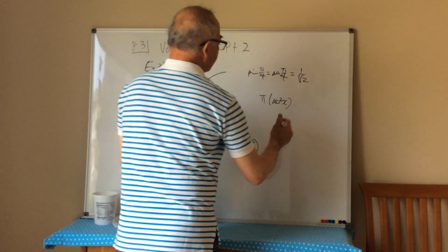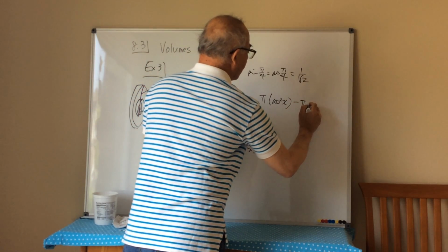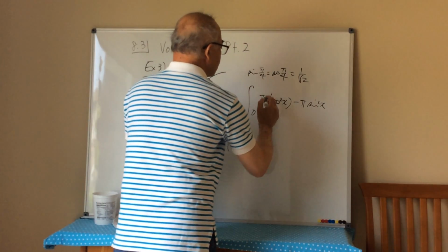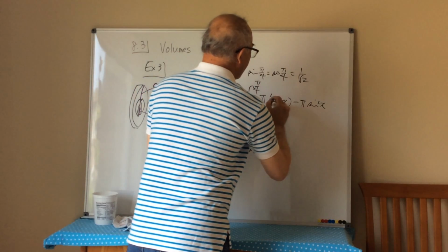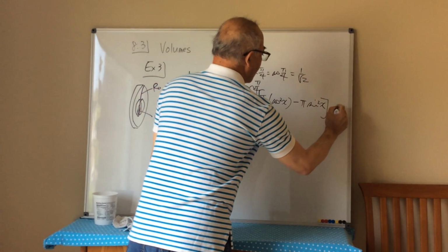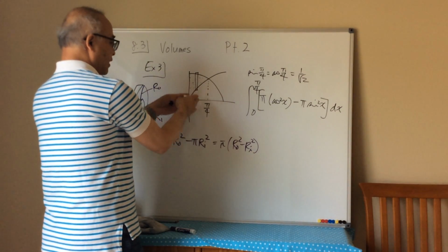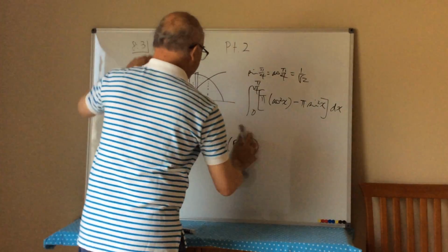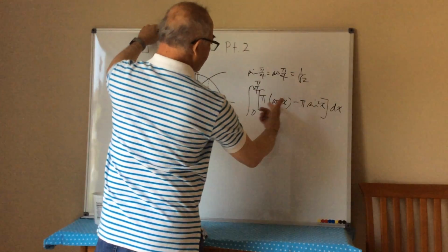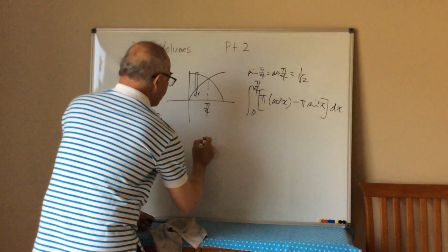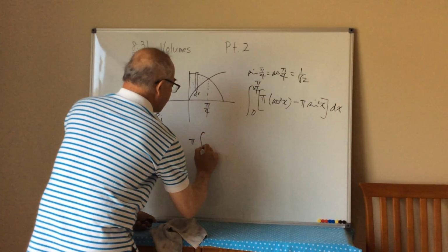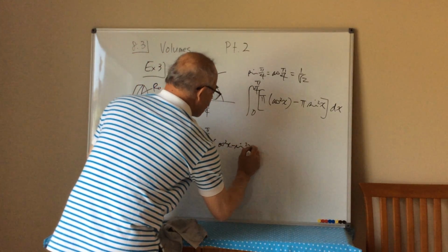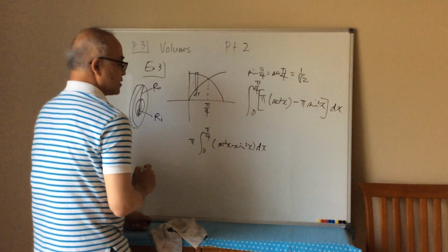Then I'm going to subtract from that the inner one, which is this guy, sine squared x, and I'm going to take this from 0 to pi over 4 and multiply it by the thickness, which is dx. So I'm going to pull the pi out first. I get pi, integral from 0 to pi over 4, of cosine squared x minus sine squared x dx.